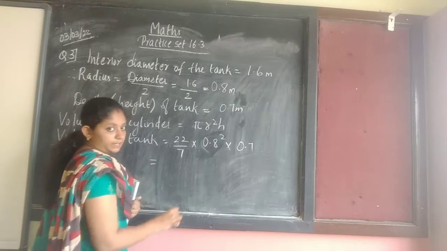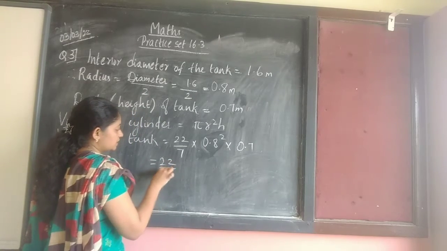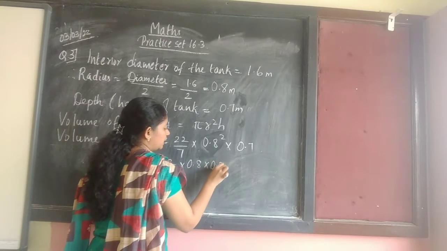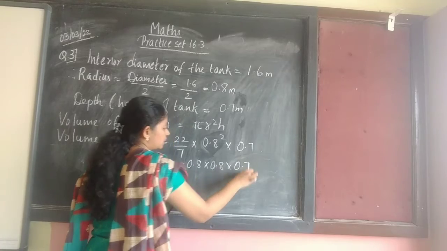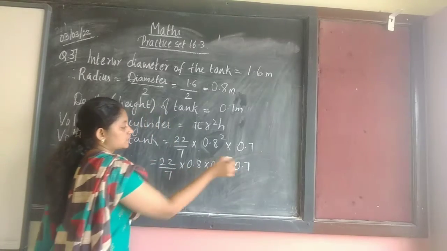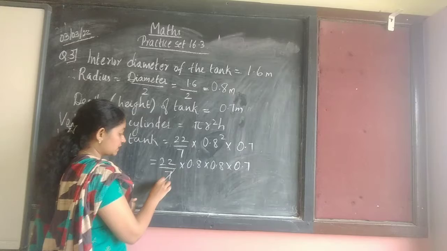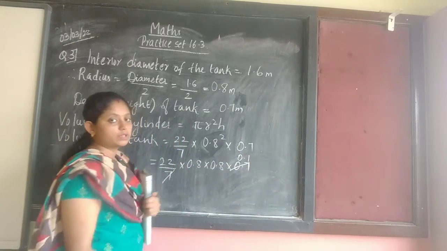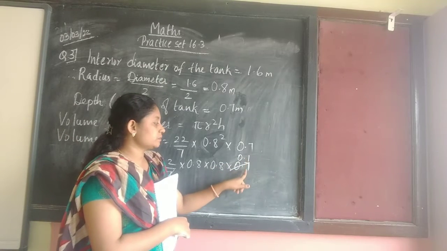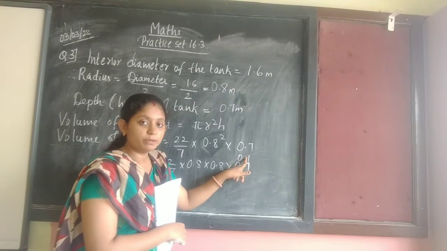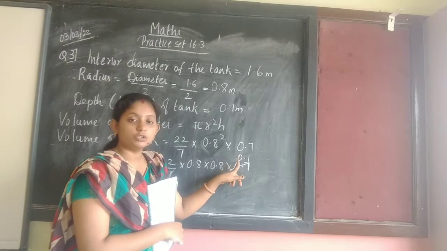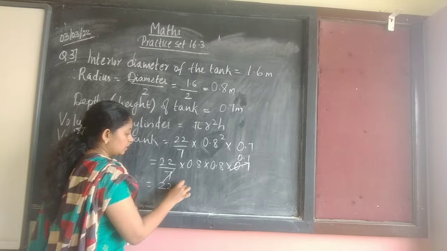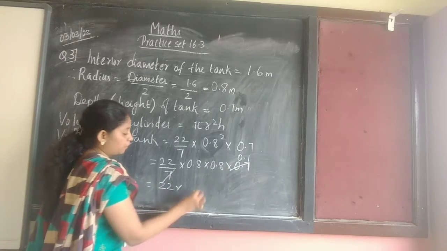Solve it further, what you will get? 22 upon 7 into 0.8 into 0.8 into 0.7. 7 ones are 7. So what you will get? 0.1. How? 1 7 is 7, decimal point before one number. So here also you will put before one number and you will put a 0. Now you all know what 8 8s are? 8 8s are 64.